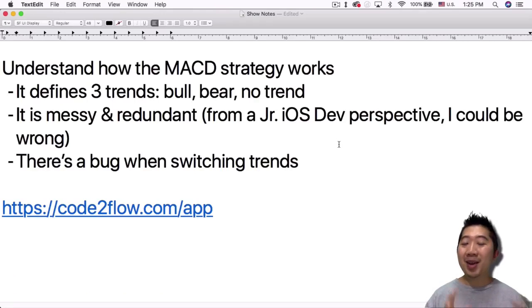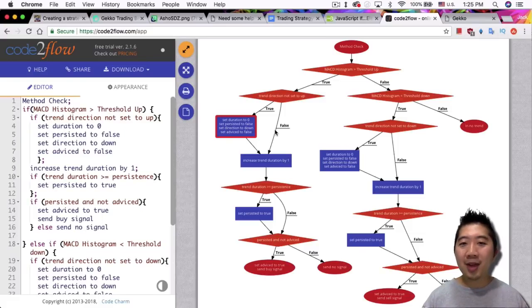And from that point on, I realized that it's messy and redundant. I mean, this is from a junior iOS dev perspective. I could be wrong, but if you look through this graph right here, this whole entire set of commands or functions or lines of code is duplicated over here again. So you never want to duplicate yourself.